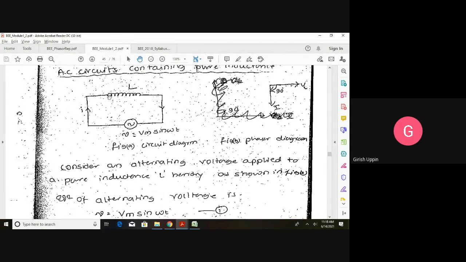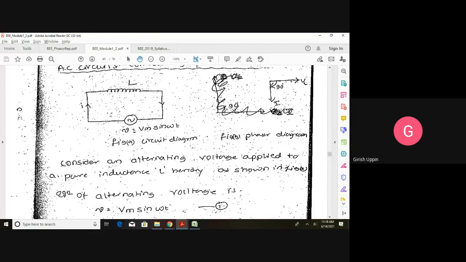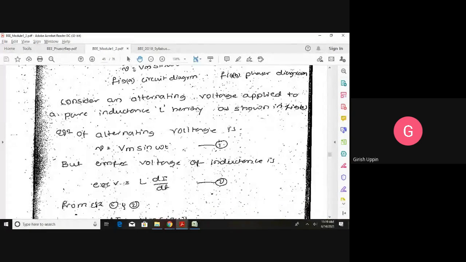Whenever there is a change in the current, it opposes, and there is a voltage drop here. This voltage drop in the inductor is represented by E is equal to L di by dt.